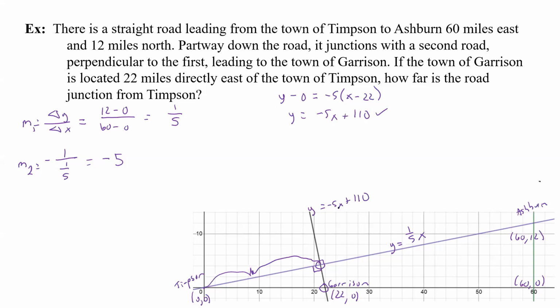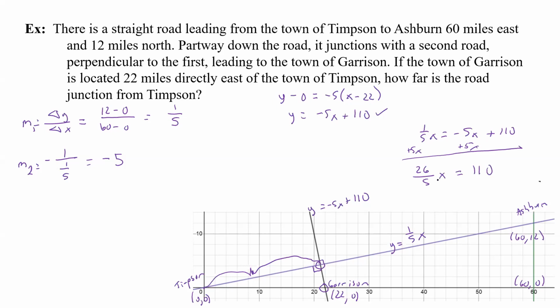So we know the equations of both of these lines. Since we know both equations, what have we done in the past? We set them equal to find out what that point is. So we have 1/5 x equals negative 5x plus 110. Let's add 5x to both sides. Here we have 5 and 1/5, so that's 26 over 5 x equals 110.